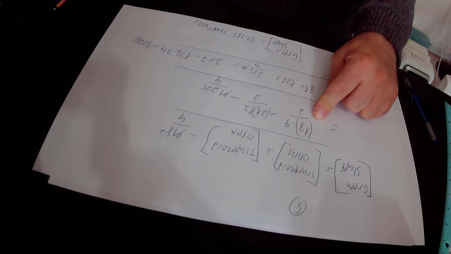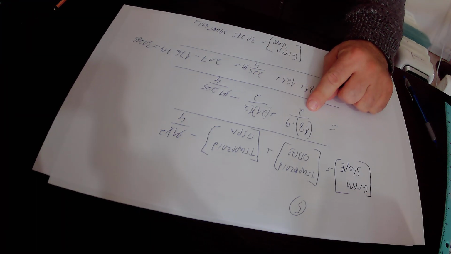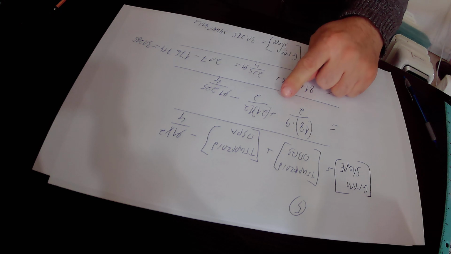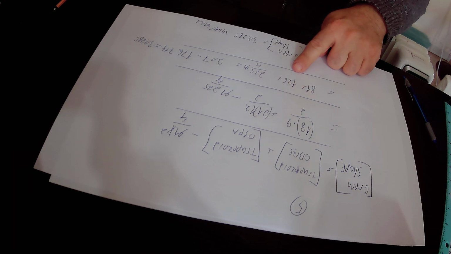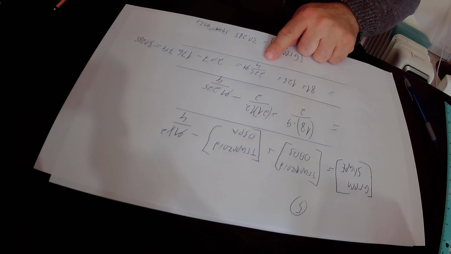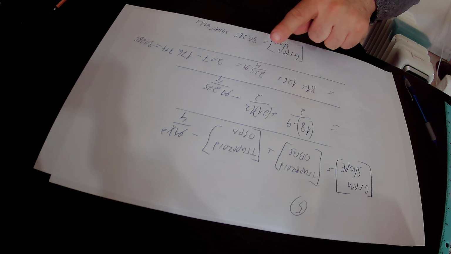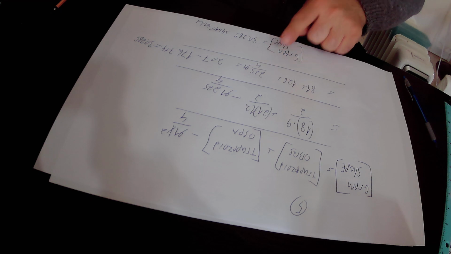So here we have 18 over 2 is 9, and 9 times 9 is 81, plus 12 over 2 is 6, and 6 times 21 is 126, minus the area of the quarter circle, that is 225 pi over 4.